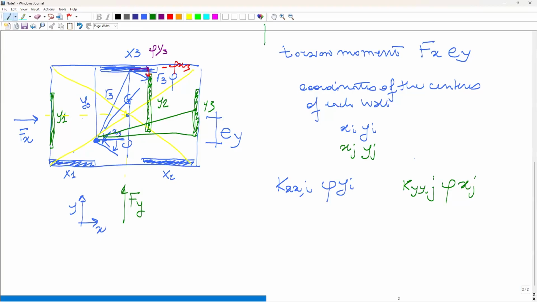So you will have basically a system of forces like this and like this. So you see, this will be like this. And in this case, it will be like this. Because they rotate, accompanying the rotation of the wall.